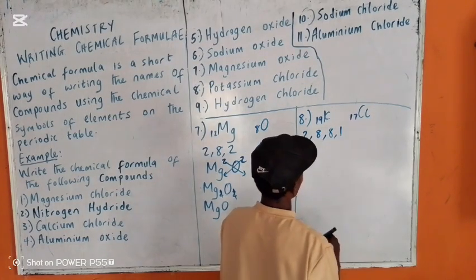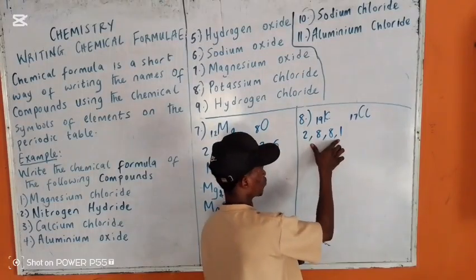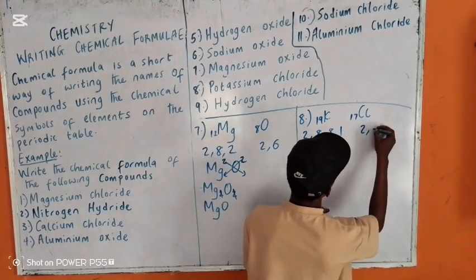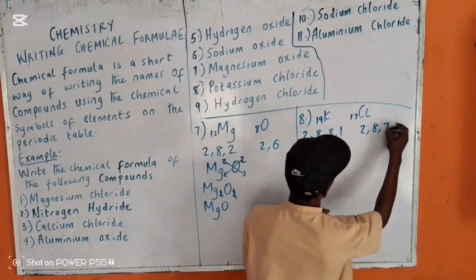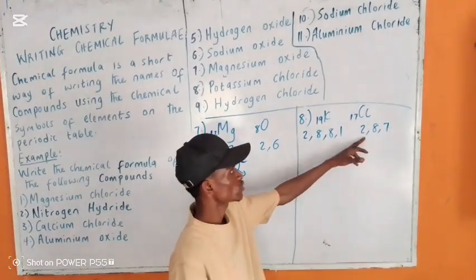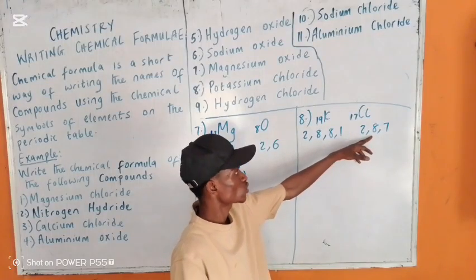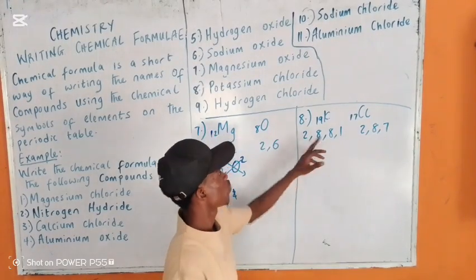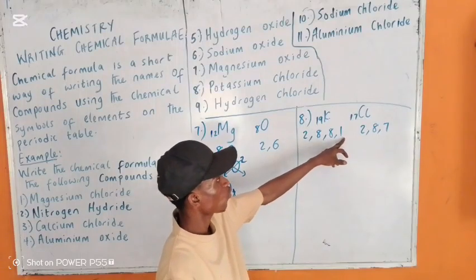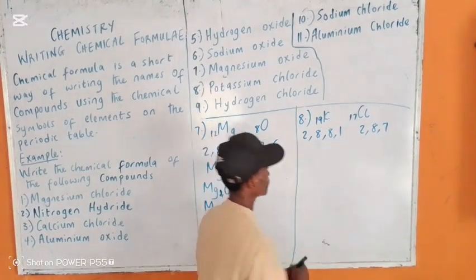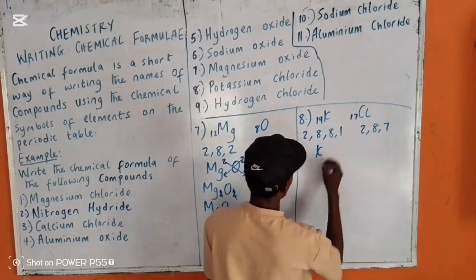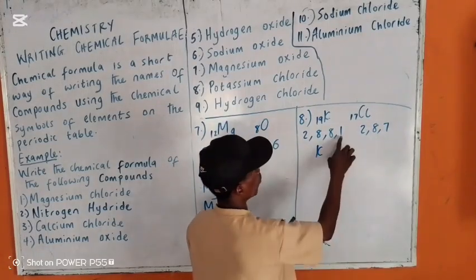So the K element for potassium is 2,8,1. That is for potassium. For chlorine we have 2,8,7. That is for chlorine. So potassium here needs to give out 1.